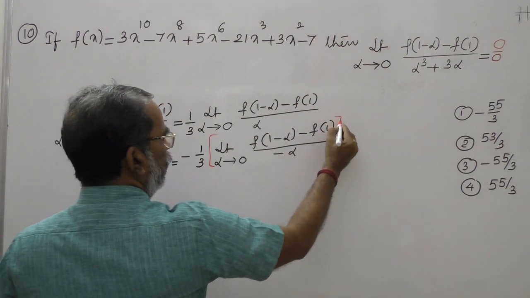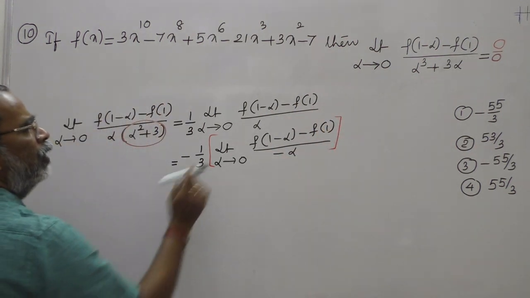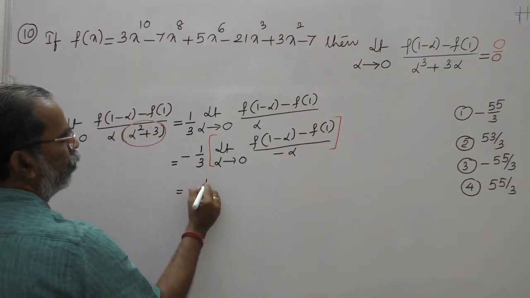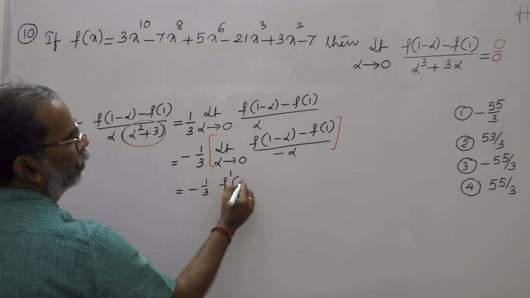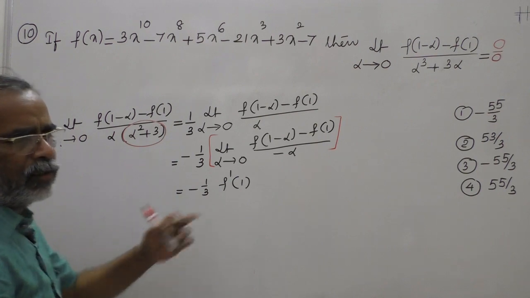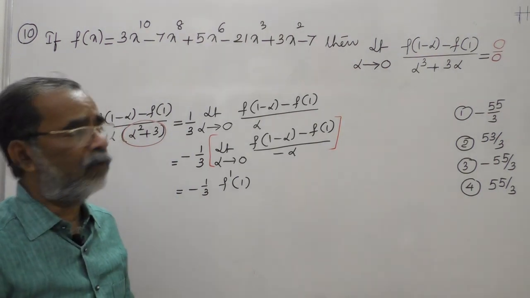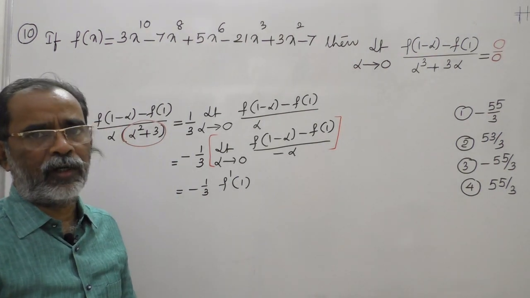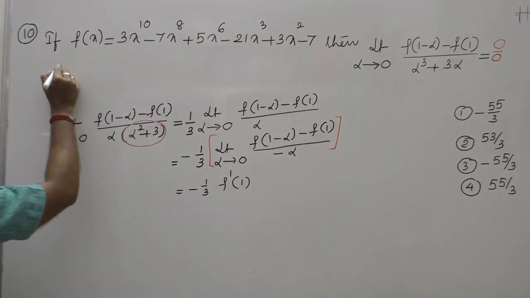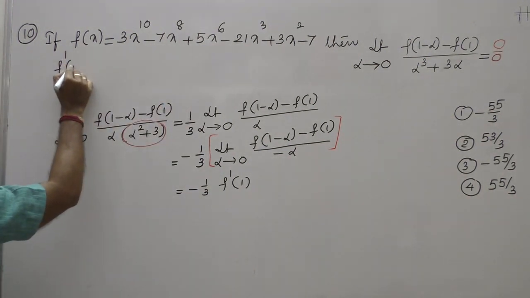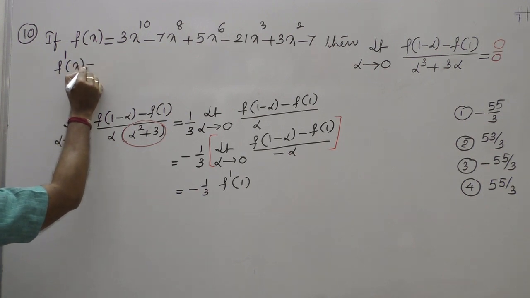Therefore, by the definition of differentiation, this becomes f dash of 1. How to write f dash of 1? Here f dash of 1 is not given, but f of x is given, no? From this I will find f dash x first, then f dash of 1.